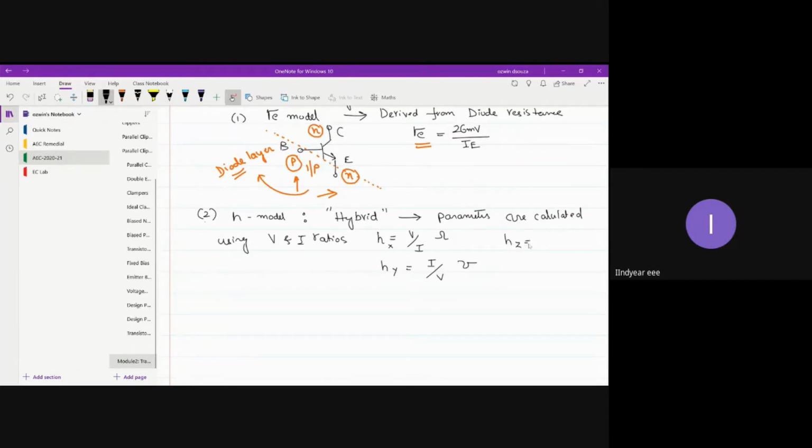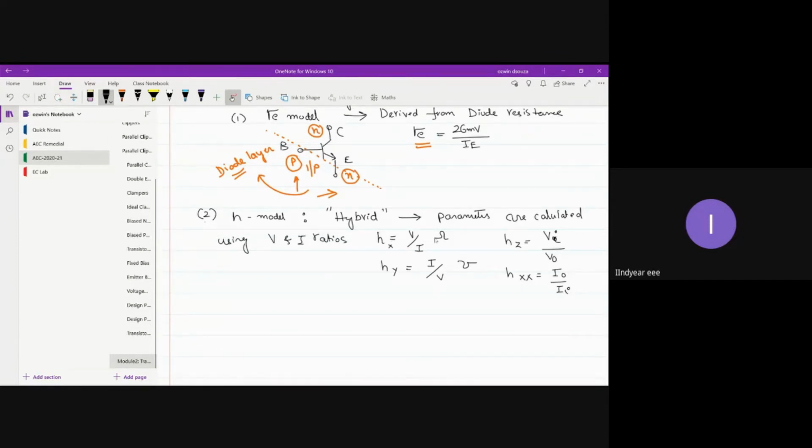That becomes Siemens. You can also have some H parameter wherein we take only the voltage ratio, let's say input voltage to output voltage. Again, this becomes dimensionless because you are dividing two voltages. Then you can also have some Hx as a current ratio, output current to input current.